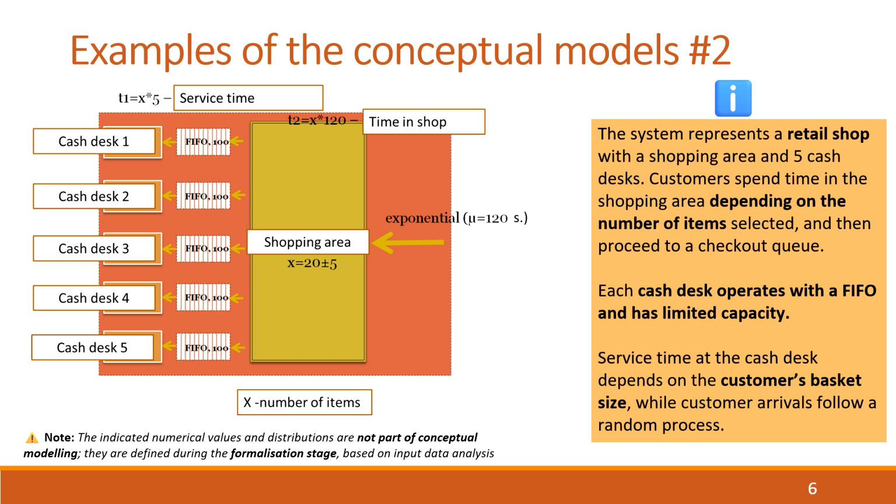Each cash desk operates with a FIFO queue and has limited capacity. The service time at checkout depends on the customer's basket size, while customer arrival follows a random process. The conceptual model helps us understand the system structure before moving to data, parameters, and simulation experiments.